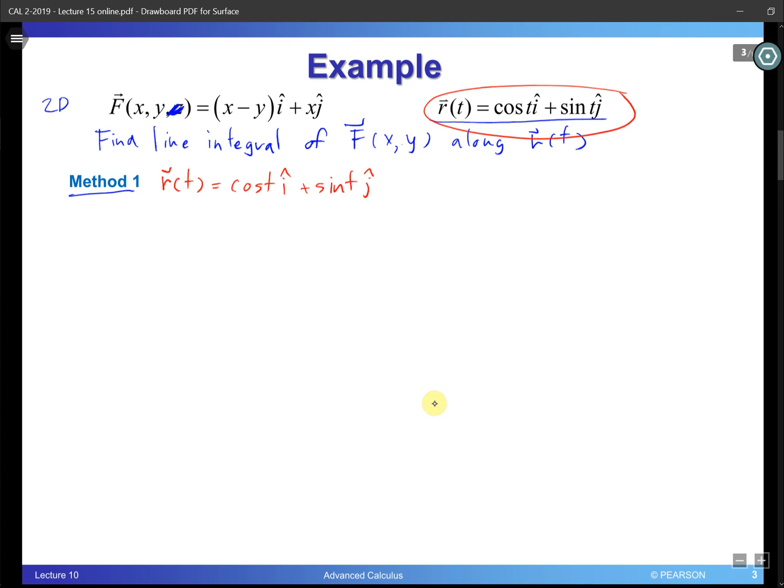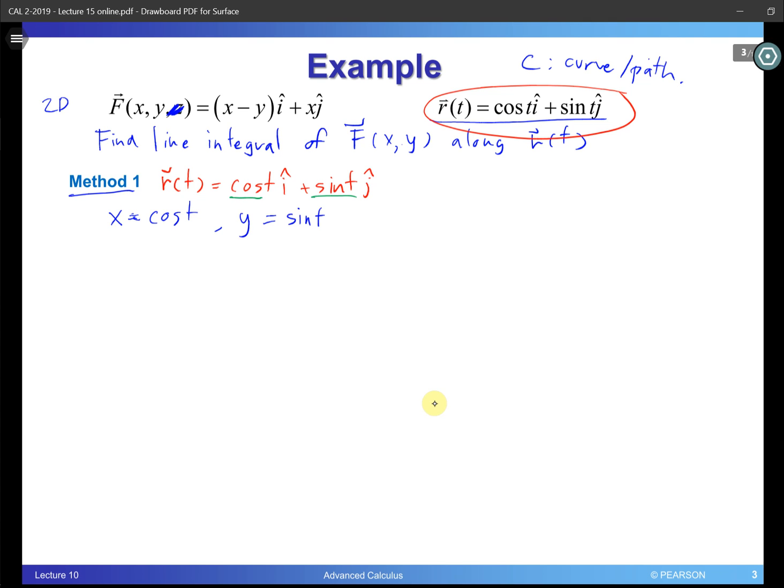This is C, which is the curve or the path, which means that the coefficients in front of i and j represent the x coordinate and y coordinate. So the x coordinate that we are interested in along this path is going to be equal to cosine t, and the y coordinate is going to be equal to sine t. This is the position vector.